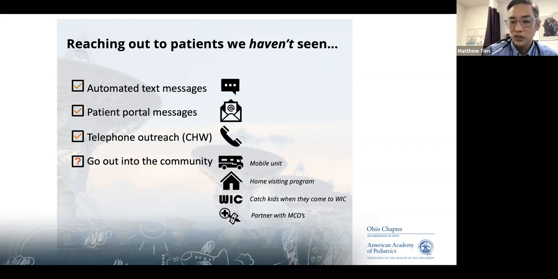We have a mobile unit for our health system that we sent out several times this last year to some of our neighborhoods and got zero response. I don't know if everybody would have that same experience, but if you're thinking about that type of outreach, we didn't have a lot of success with it. We're also doing some home visiting programs. We'll talk about that in our work on the last slide.